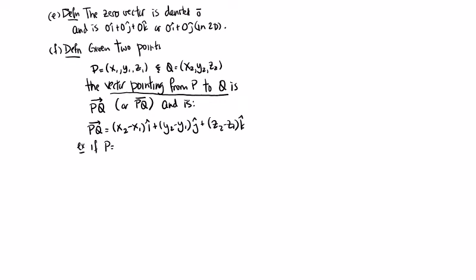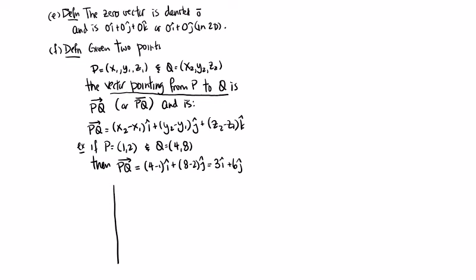I'll do it in 2 dimensions because it's easier to see. P equals 1, 2, and Q equals, say, 4, 8. The vector from P to Q is 4 minus 1 i, plus 8 minus 2 j. That's 3i plus 6j.